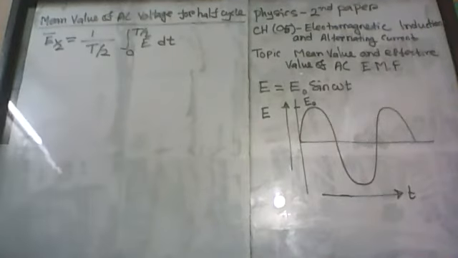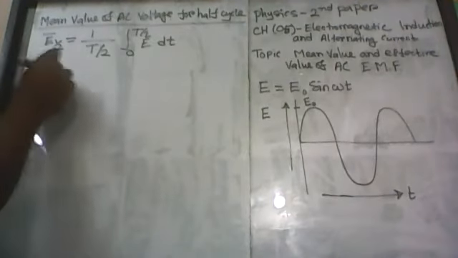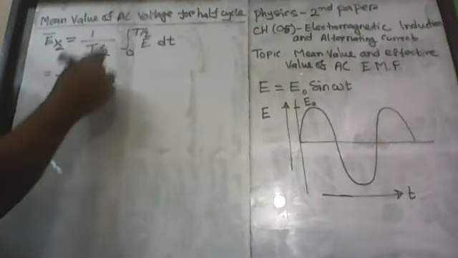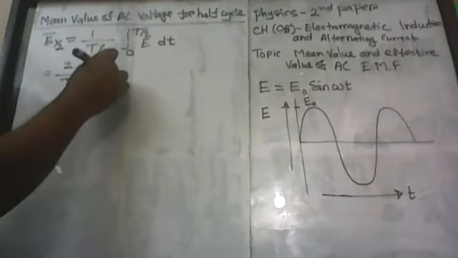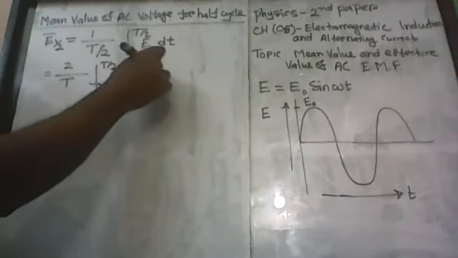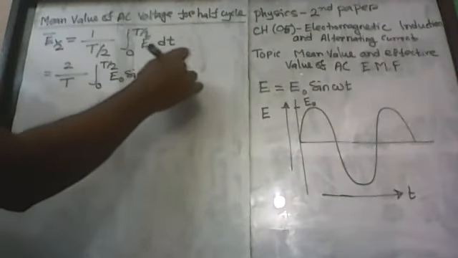Now I'm going to put down the value of E. Then E half equals 2 divided by T, the integral from 0 to T by 2 of E0 sin ωt dt.